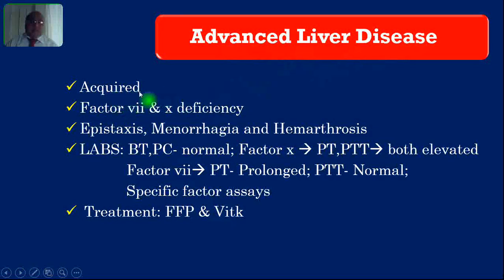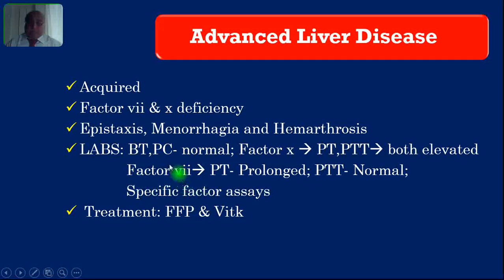Advanced liver disease is also an acquired bleeding disorder where factor 7 and factor 10 will be deficient. Patient will present with epistaxis, maybe a female patient with menorrhagia, and hemarthrosis. Labs will show both bleeding time and platelet count are normal. If it is factor 10 deficiency, both PT and PTT will be elevated because this is the common pathway.